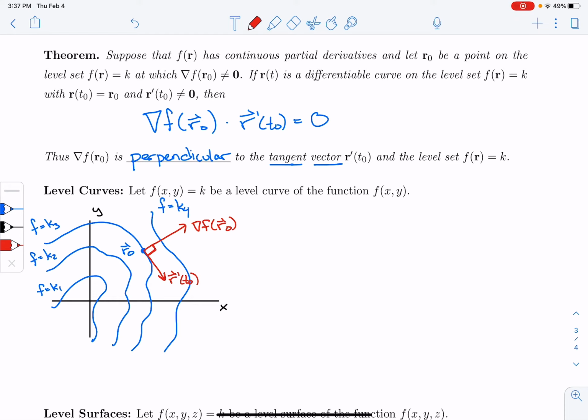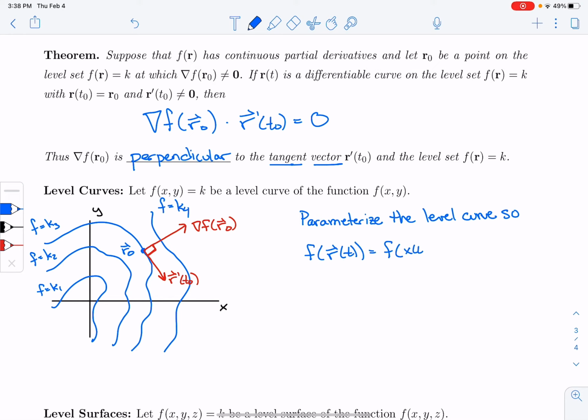So what we've done is we've parameterized that level curve, so f of r of t, that's like saying f of x of t, y of t is equal to k.